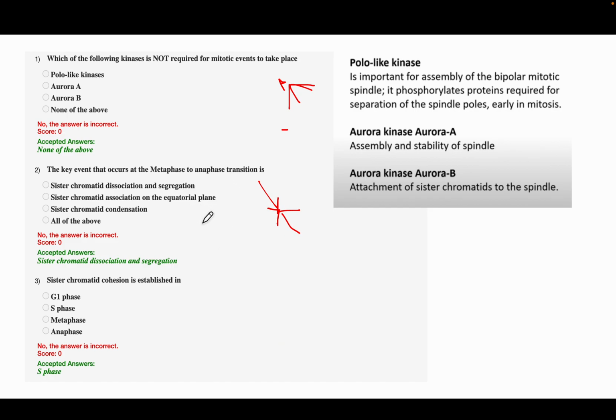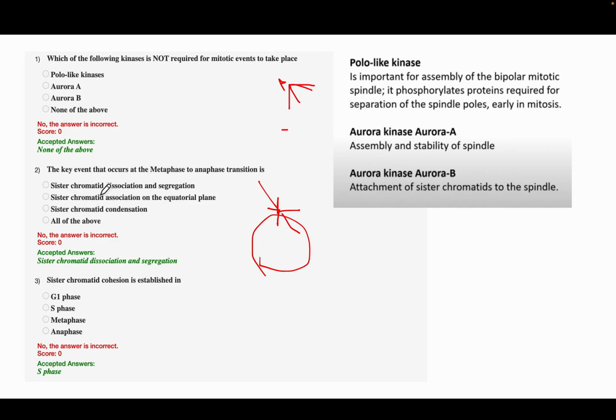In metaphase, the chromatids lie at the middle of the cell, and in anaphase the chromatids get segregated to the two poles.